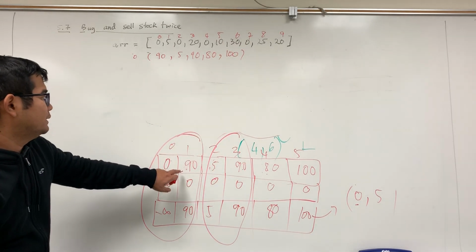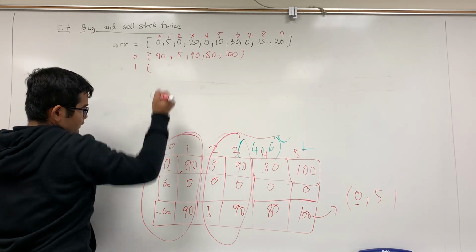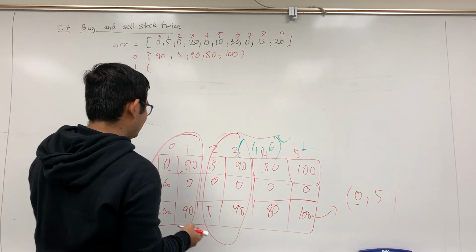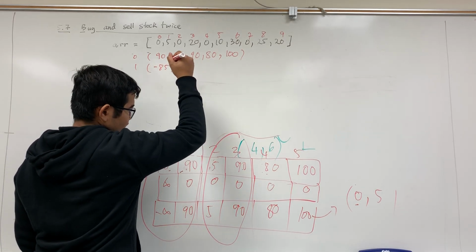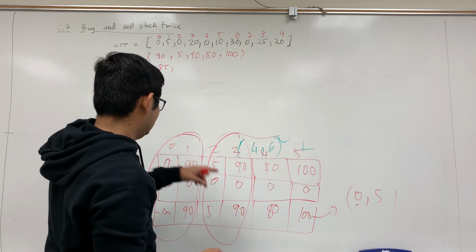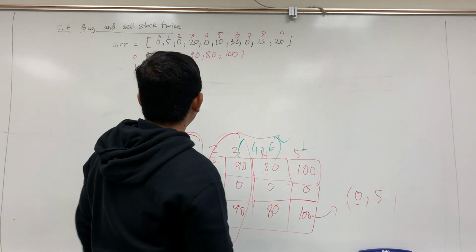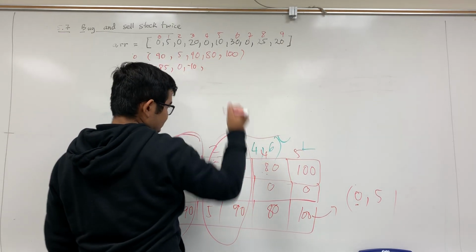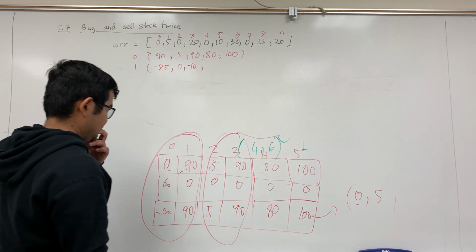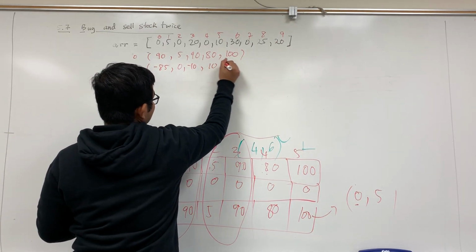Okay, if I buy at index 1, I would get 5 minus 90, which is negative 85, and then 0. That's not good. 80 minus 90 is negative 10. 100 minus 90 would be 10.